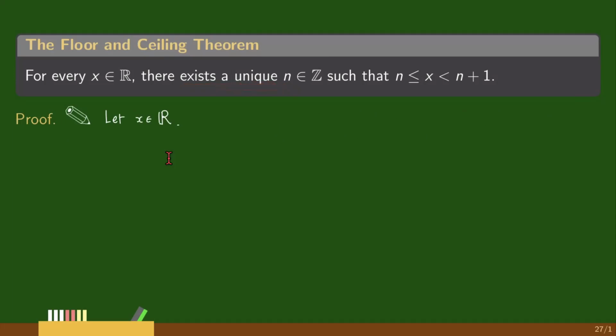Anong ibig sabihin ng word na unique? When do we use that in mathematics? What do you mean by the word unique?